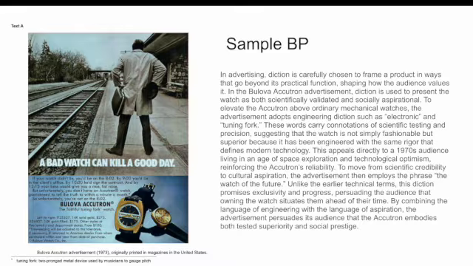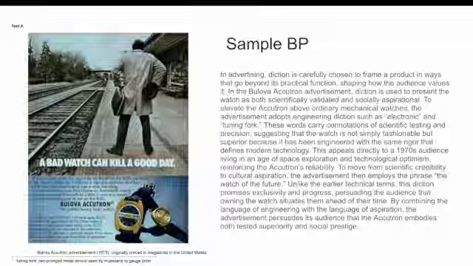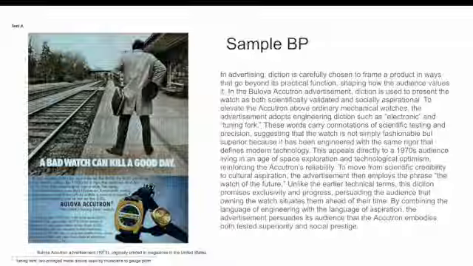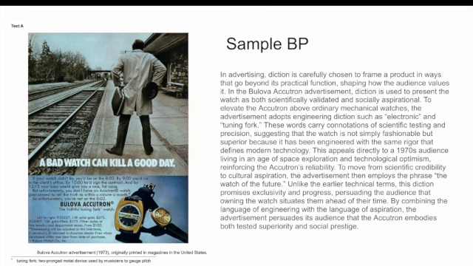This appeals directly to a 1970s audience, living in an age of space exploration and technological optimism, reinforcing the Accutron's reliability. To move from the scientific credibility to cultural aspiration, the advertisement then employs the phrase, the watch of the future. Unlike the earlier technical terms, this diction promises exclusivity and progress, persuading the audience that owning the watch situates them ahead of their time.